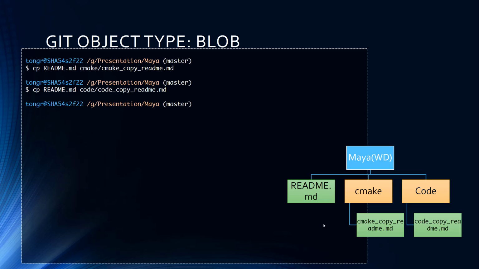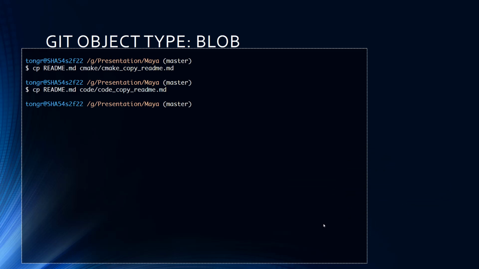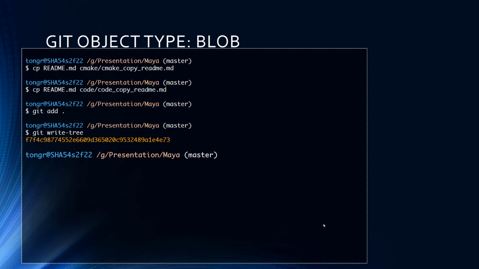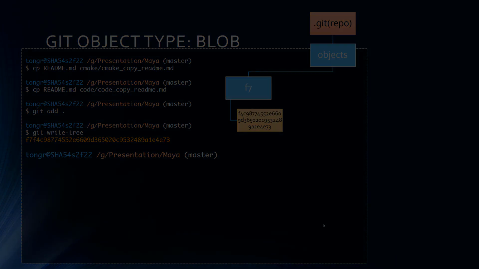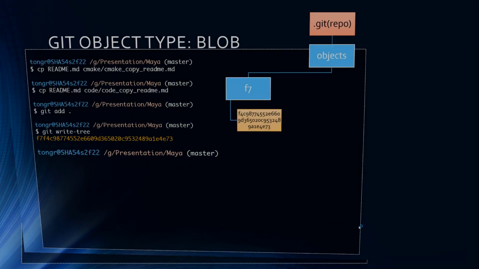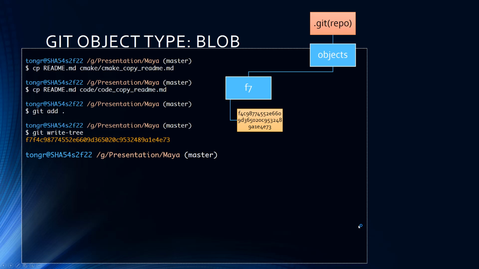Now let's turn to the Git repository. First, we add the modified files into the repository, and then write a tree. Here, we get a tree object in the repository, and let's check its content. We would like to represent the file status on the working directory according to the description by this tree in the repository.